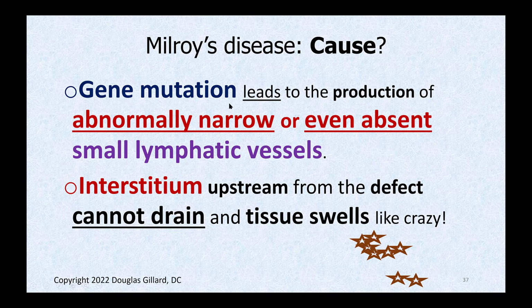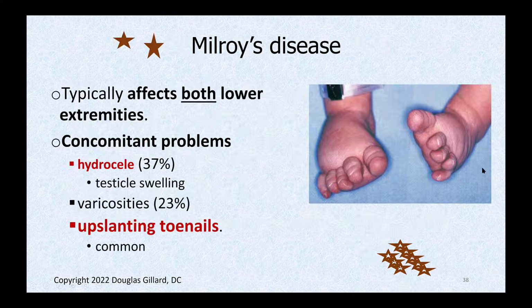It's a gene mutation that leads to the embryologic formation of very narrow lymph vessels, or in some cases, no smaller lymph vessels. And that's not good. If you have narrow lymph vessels, your interstitial fluid is always going to be too much, and your tissue is always going to be puffy, and you can never properly drain because you don't have a mechanism to drain that excess interstitial fluid off.